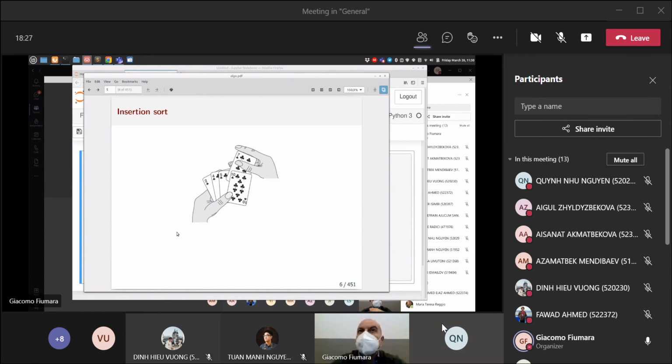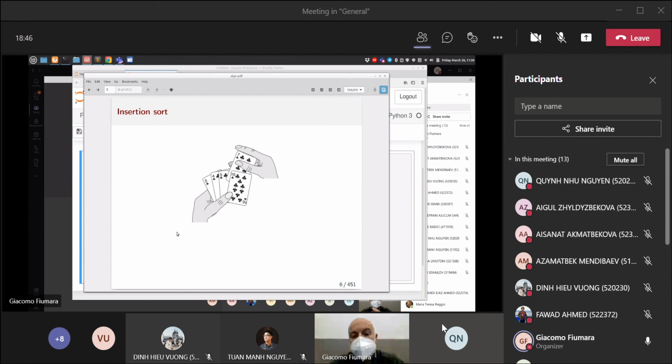you take the first card, you get the second, and then to place in the correct position the third card, you must compare it with the first two you have. And then the fourth card will be compared to the first three, and so on.